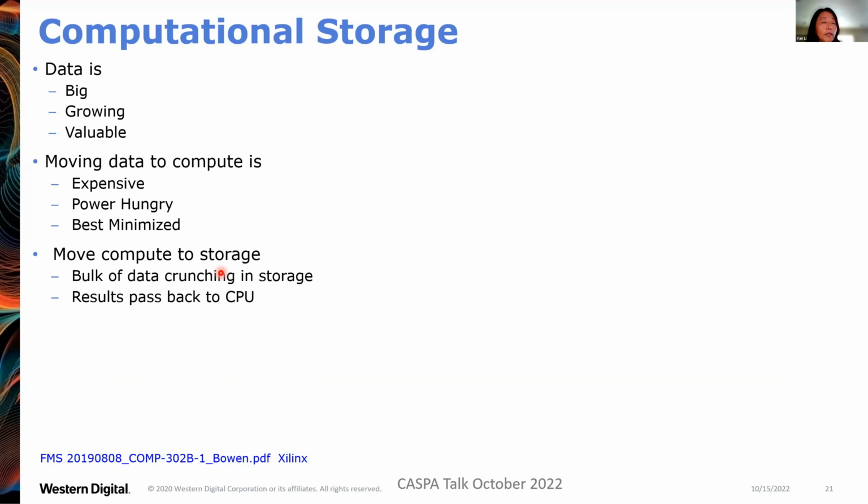The conventional computer architecture has always done it this way. Right now we are thinking, this is definitely a new trend: we want to move compute to storage, to reduce all this big data movement. Certainly computational storage has been talked about for many years, and I think it is gradually gaining more momentum.